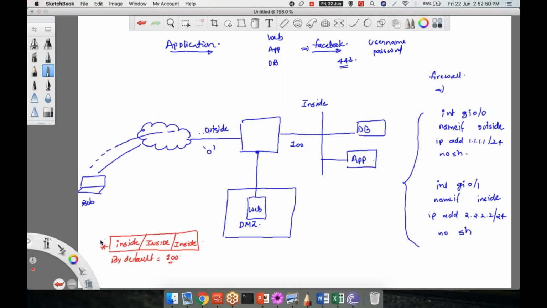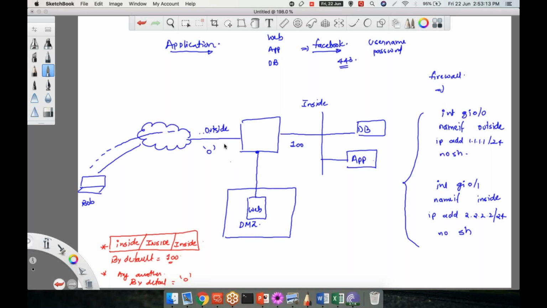You don't have to specify that. Now, the moment you write any other name apart from inside, the default security level automatically becomes 0.